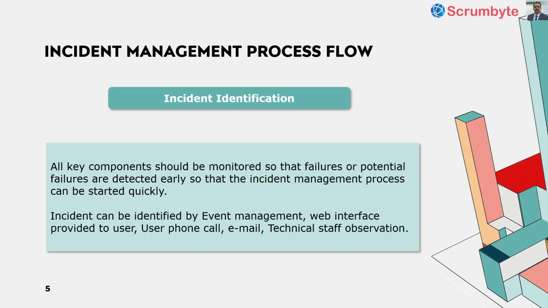Or an email that comes through saying that something is not working. And sometimes the technical staff makes an observation and wants to get the incident management team to start working on that. So these are the different ways in which incidents are identified. Let's move on to the next one.